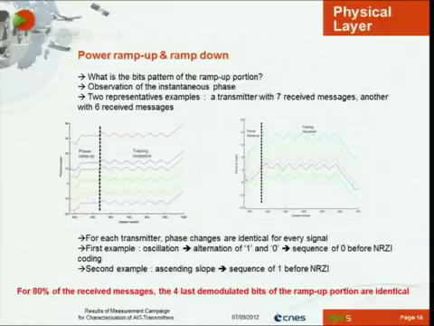We computed the last demodulated bits for every signal we received. And for 80% of the received messages, the 4 last demodulated bits of the ramp-up portions are identical. So we assumed that in the power ramp-up portions, the sequence of bits is a sequence of the same bits.